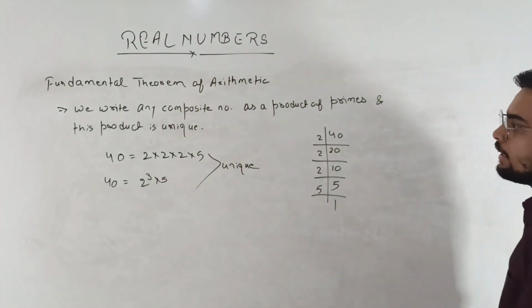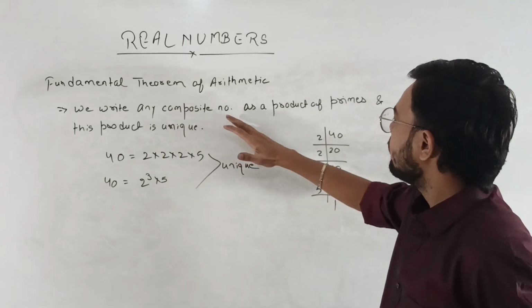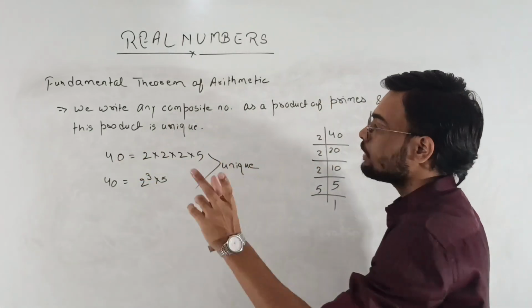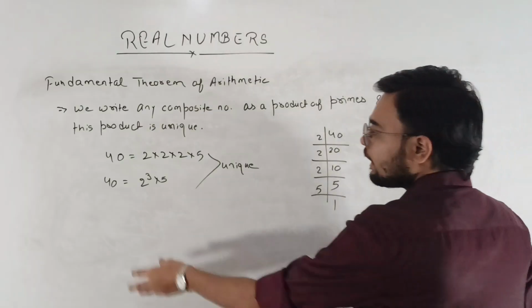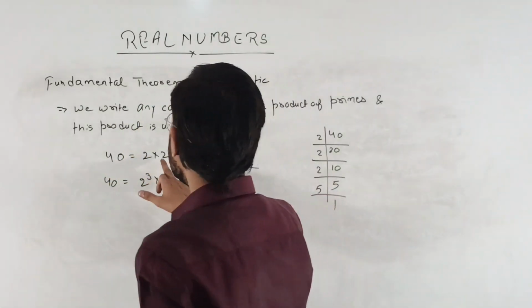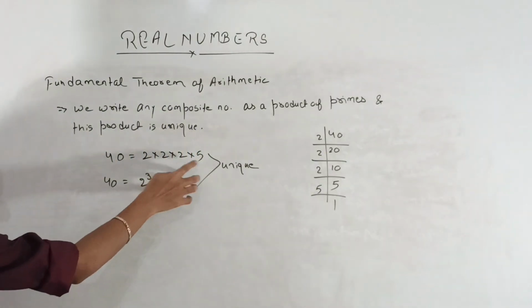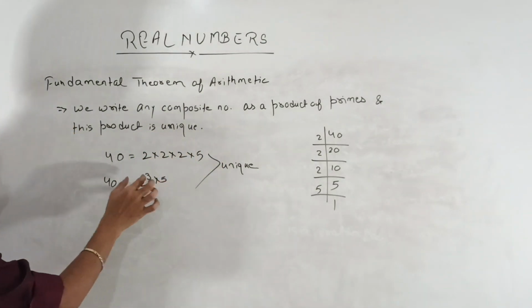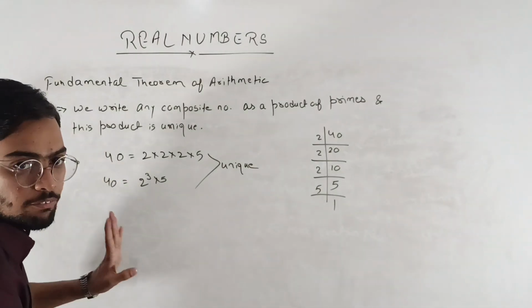This theorem says that we can write any composite number as a product of primes, and this product is unique for that number. Which means suppose I have the number 40, I write 40 as a product of primes, which is 2 into 2 into 2 into 5, and this is unique. This is always available for 40, not for a different number.